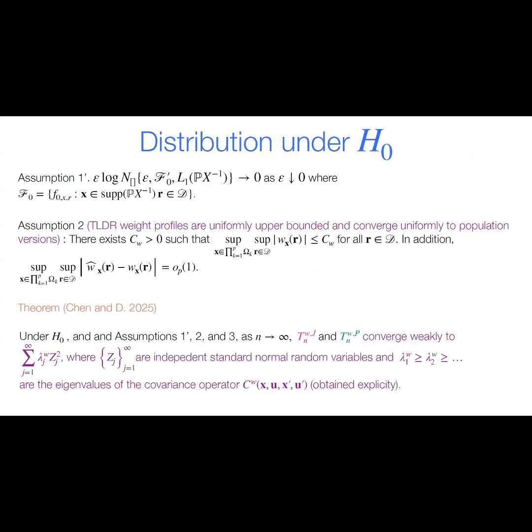So how does the distribution of this statistic look under the null? Together with that assumption and the assumption that the weights we are taking in are uniformly consistent, both the joint and the product versions of the test statistic converge asymptotically to the law of an infinite mixture of chi-squares, where the mixture weights are the eigenvalues of a particular covariance that we figured out explicitly, but it's too long to put here and not important.